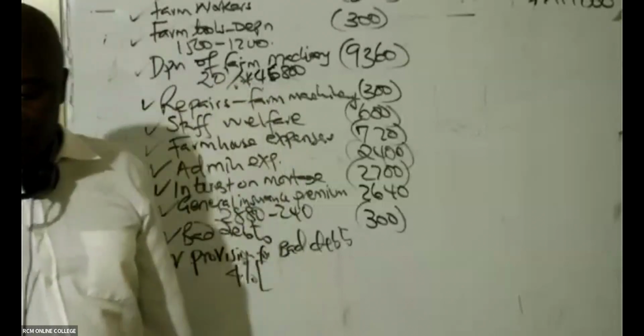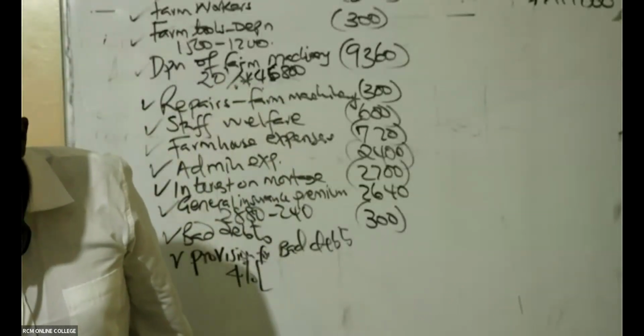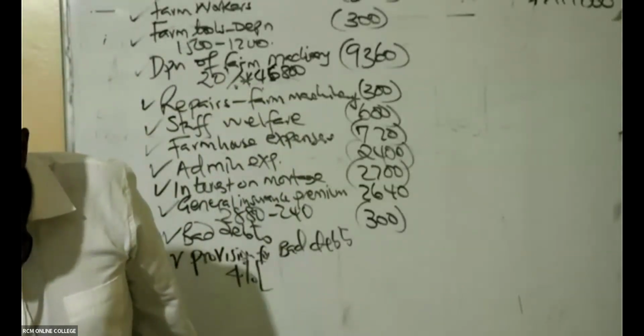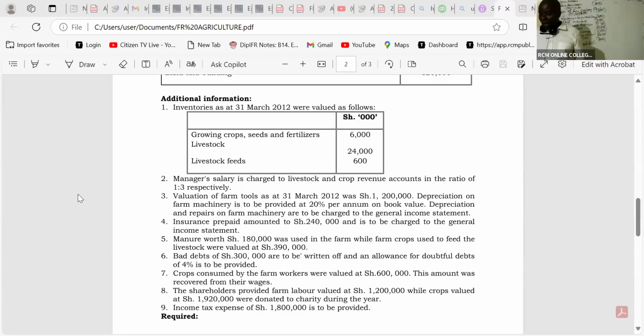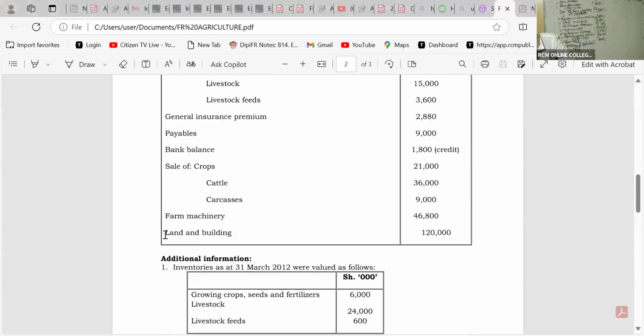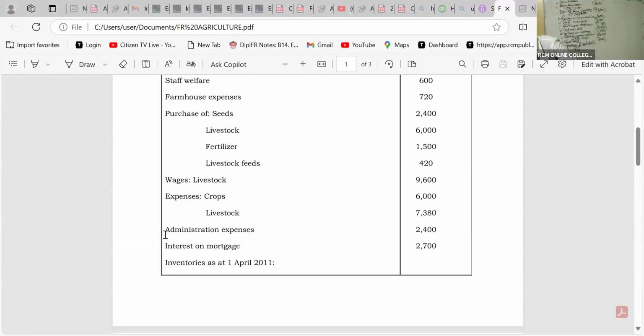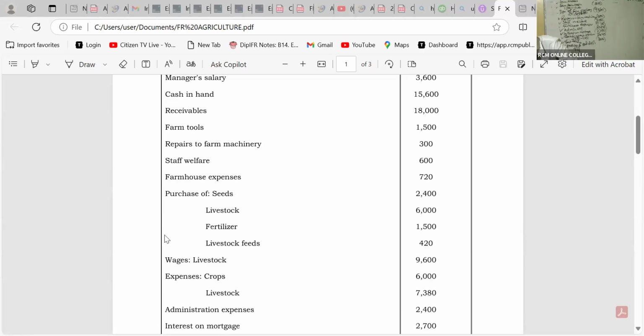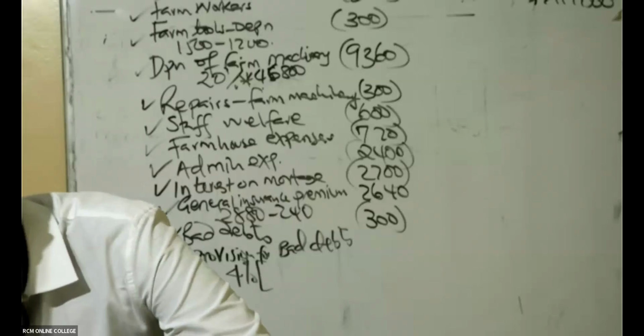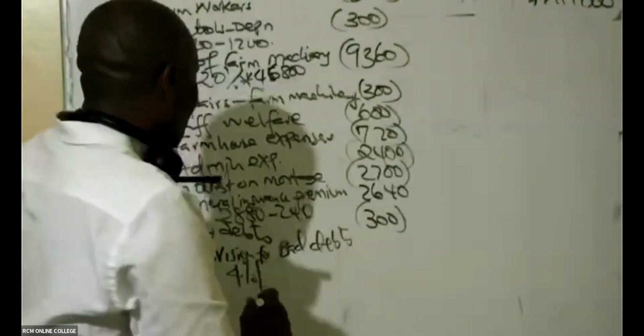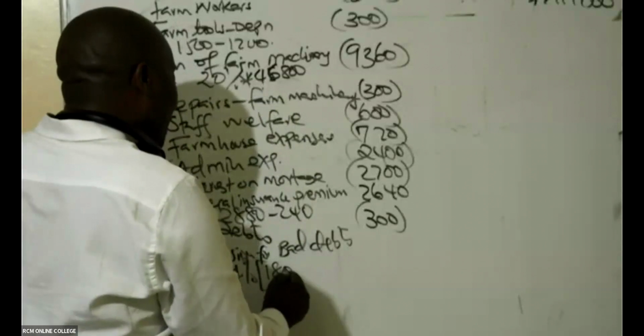If you look here, you are able to see the receivables of the farm. Receivables, we can see a figure of 18,000.